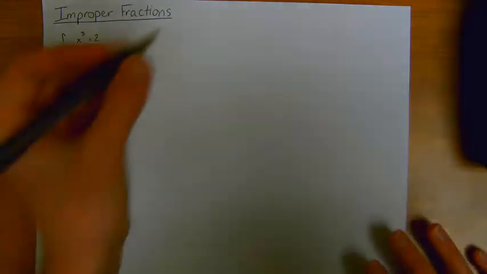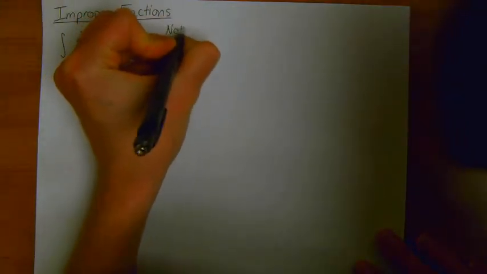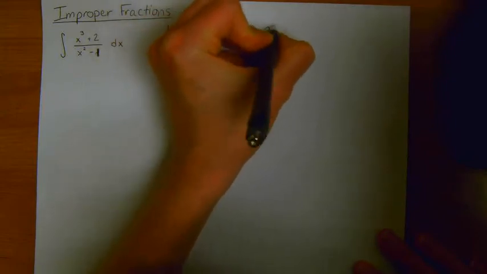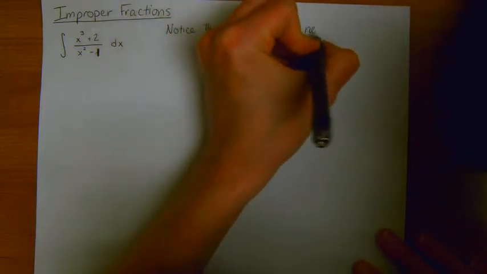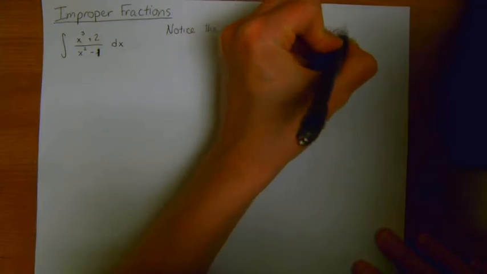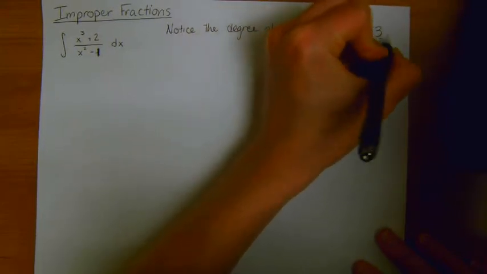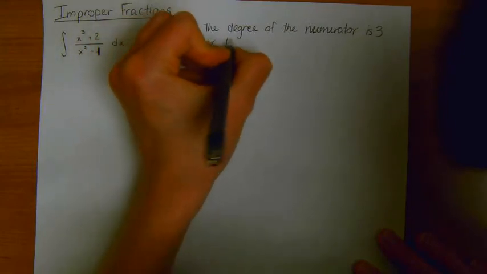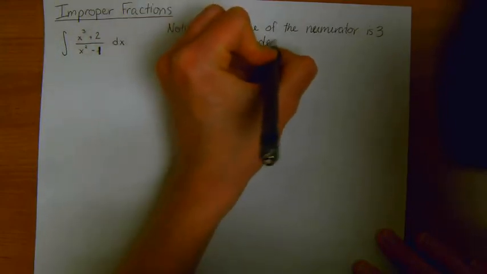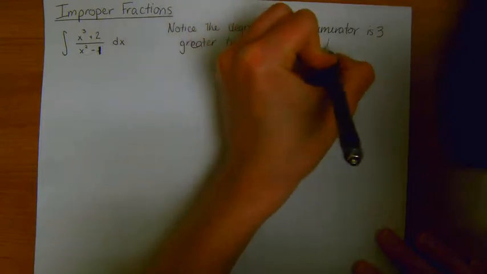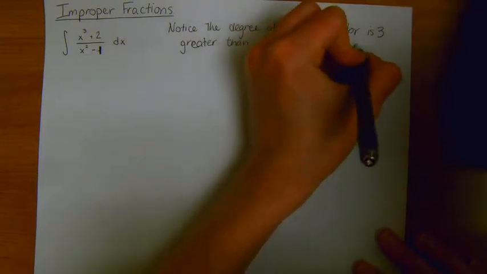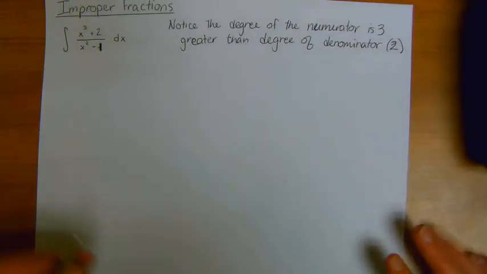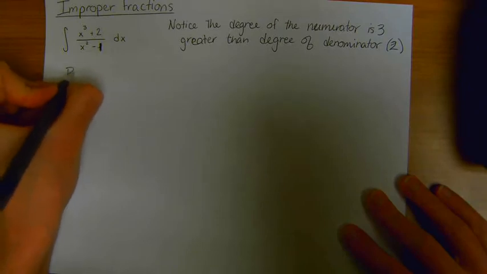So in this case, notice the degree of the numerator is 3, which is greater than the degree of the denominator, which is 2. So we're going to need to do polynomial division.